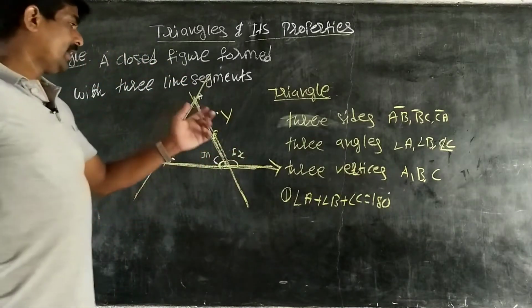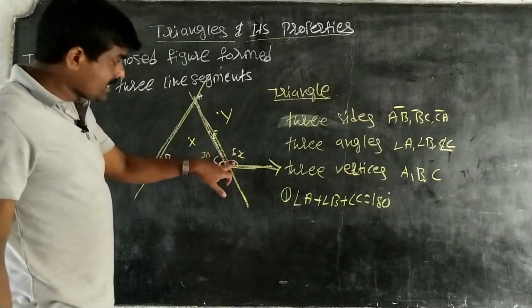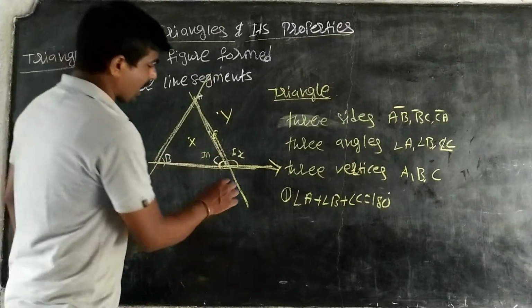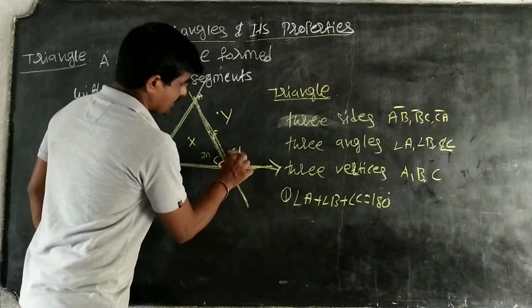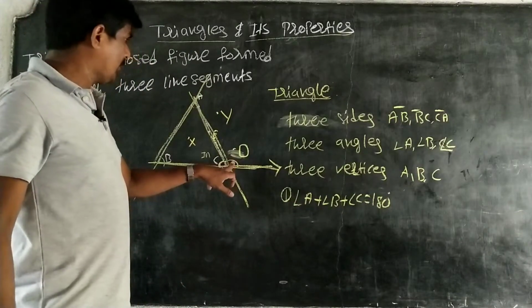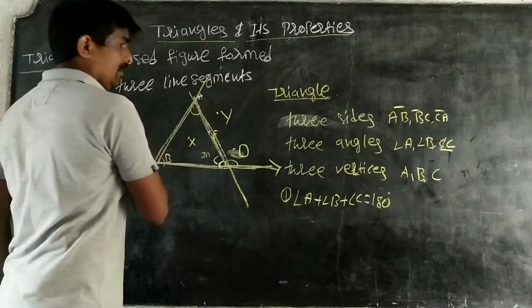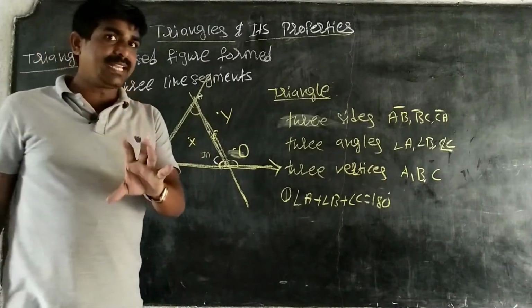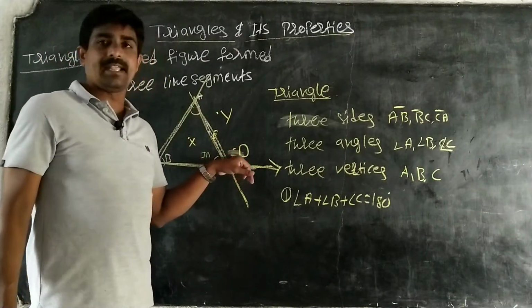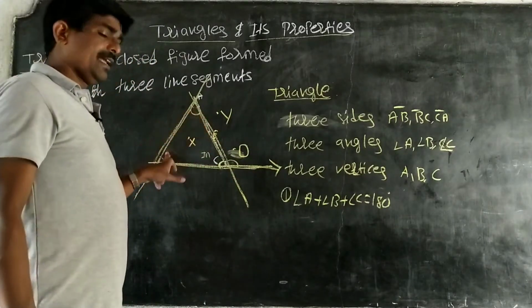Interior angle and exterior angle. So one property: if I take this angle as D, angle D is equal to the opposite angles, angle A plus angle B. So in a triangle, the exterior angle is equal to the opposite interior angles.